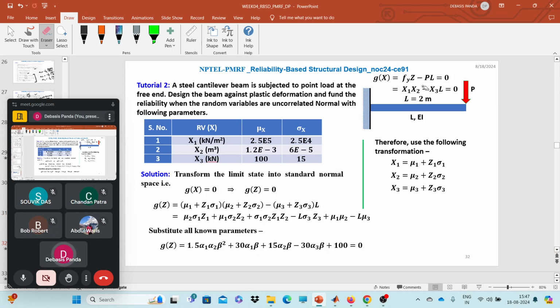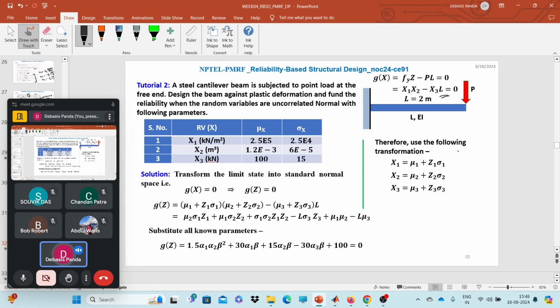This is the problem. We have a cantilever beam and one point load is acting on the free end, right? So we have a limit state function in terms of x1, x2 and x3. Now if fy, z and l, or p, are the random variables, what should be the design points? What should be the most probable design points?